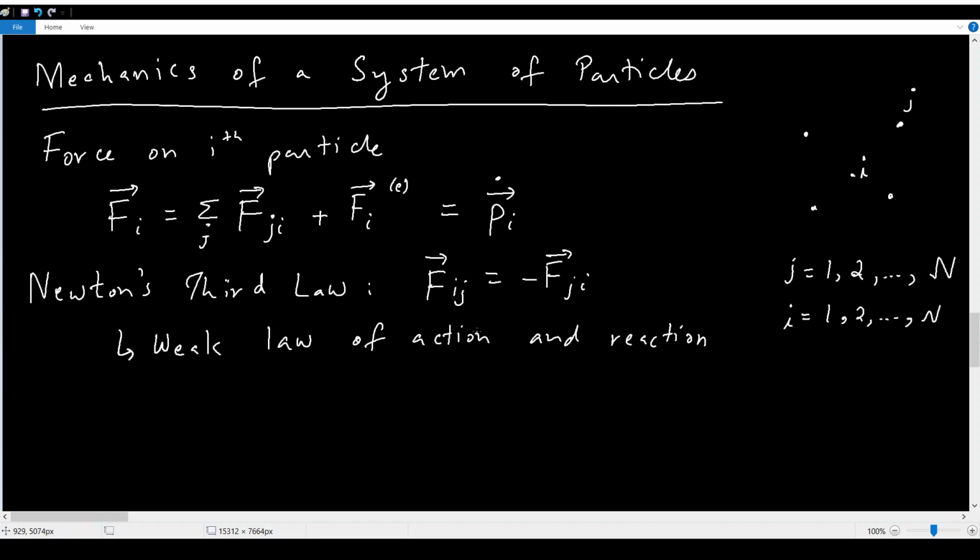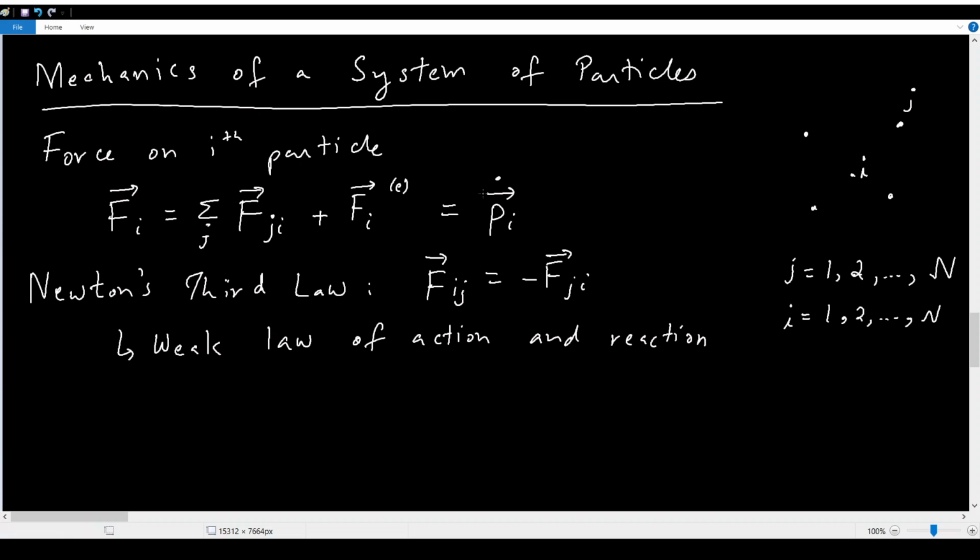Okay, so essentially what we can do now is write this equation again, but slightly differently.